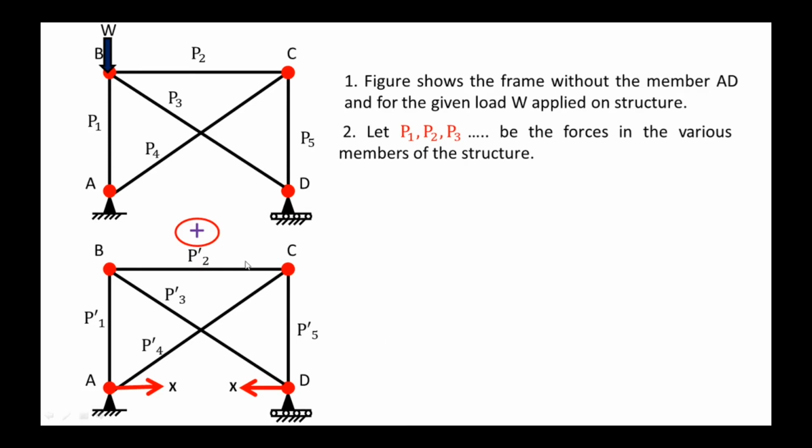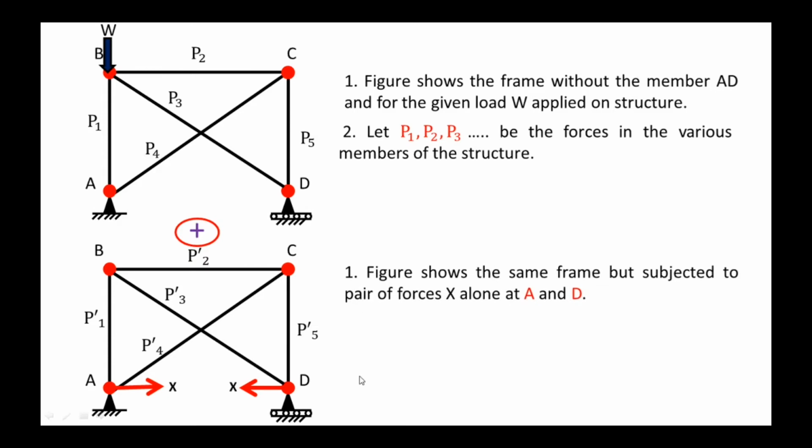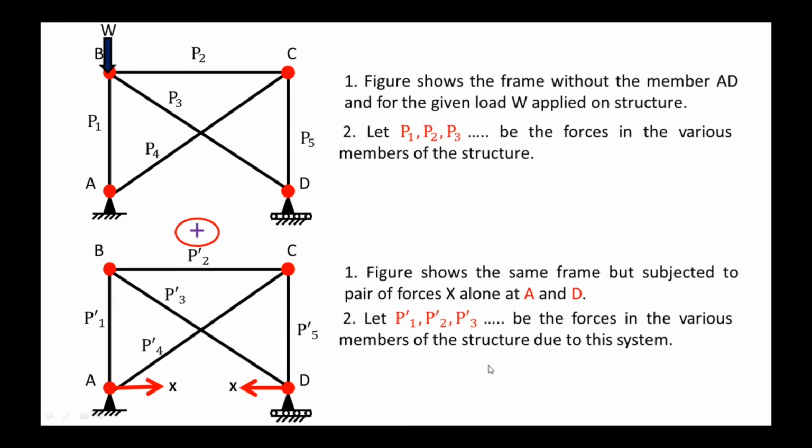So the next frame is where only the X force is applied at the joint A and at the joint D, and the member forces to be found out are P1 dash, P2 dash, P3 dash, P4 dash and P5 dash. The figure shows the same frame but subjected to the pair of forces X alone at A and D, and P1 dash, P2 dash, P3 dash are the forces developed in the structure.